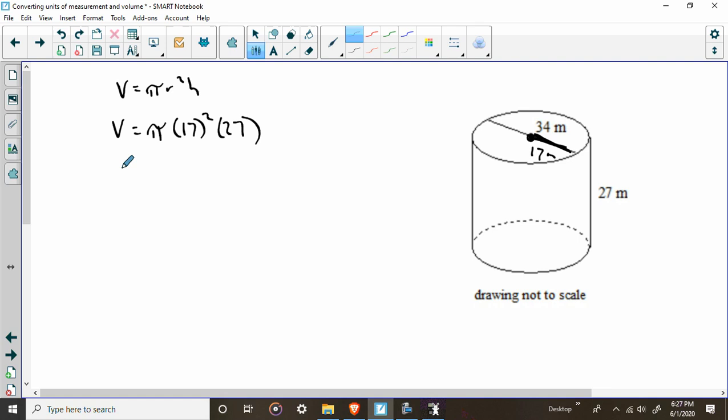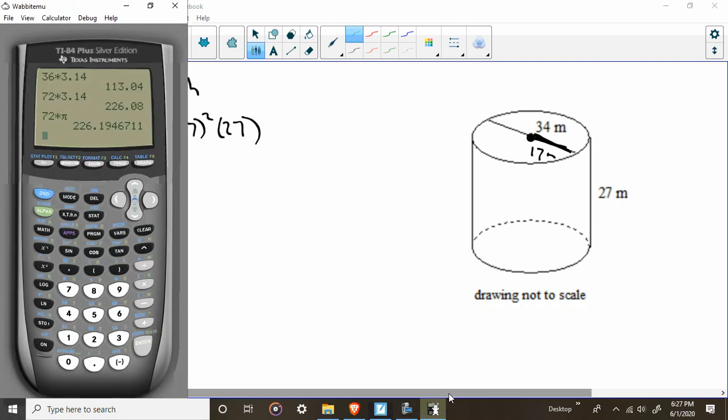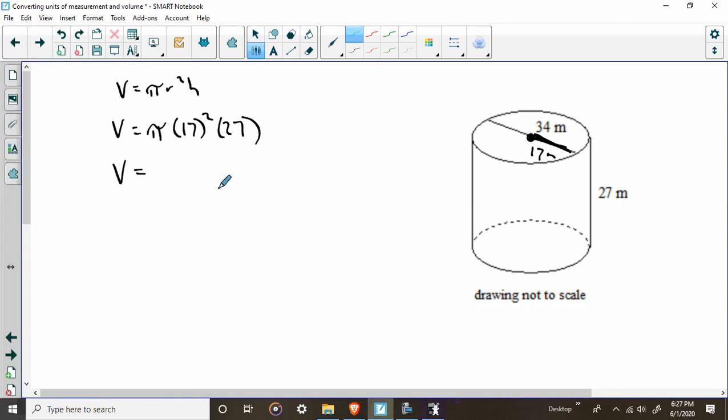And again, if you wanted to, we'll leave it in terms of pi. We'll say 17 squared times 27 is going to be 7,803 pi meters cubed, okay?